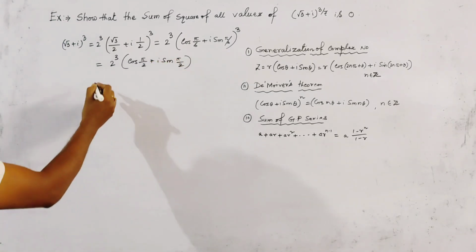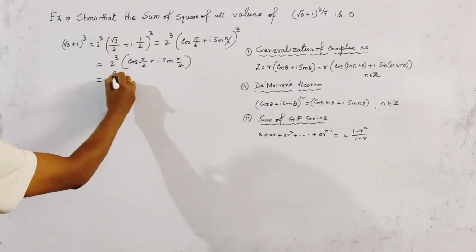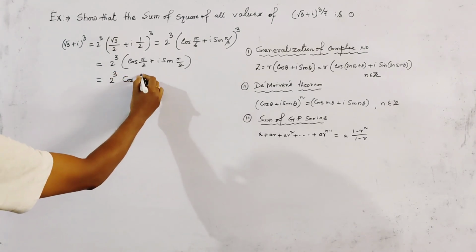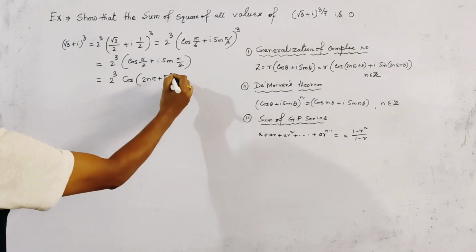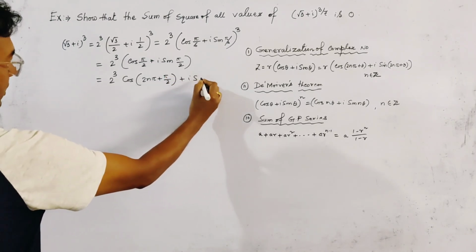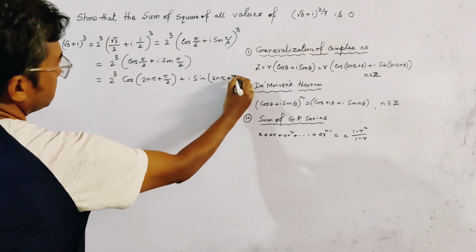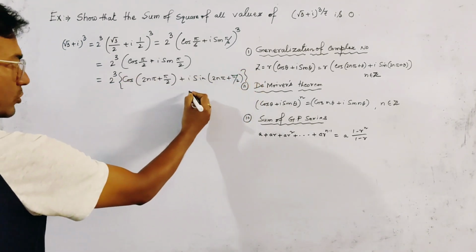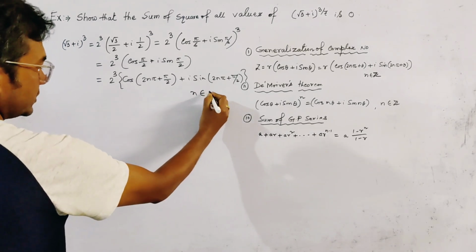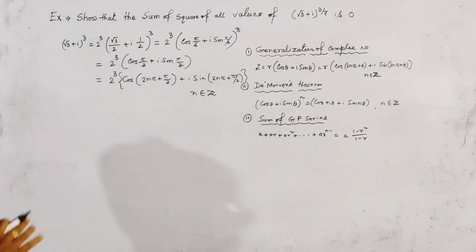Now generalizing this complex number as 2 to the power 3 into (cos of 2n pi plus pi by 2 plus i sin of 2n pi plus pi by 2), and we write here n belongs to Z, that is n may be any integer.